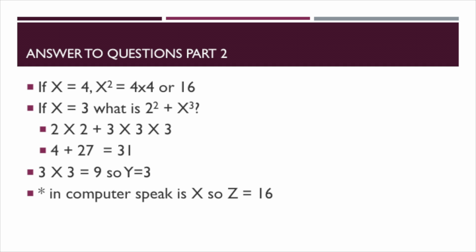So that's 31. In the next question, if y is the square root of 9, 3 times 3 equals 9, so the value of y is 3. And in the final question, remember that an asterisk in computer speak is a multiplier, so 4 times 4 equals 16.